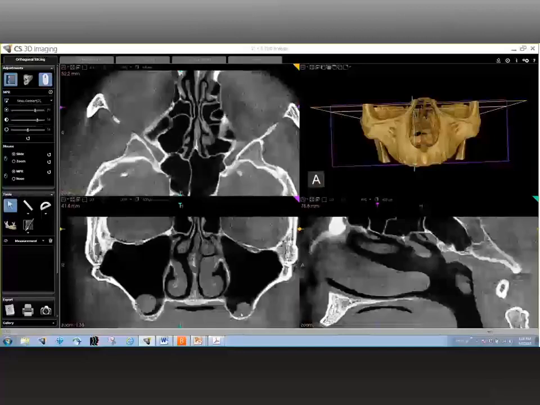Oh, good memory, Jordan. That is exactly correct, and that's an excellent point that you noted there. Yes, it is correct that soft tissue anatomy or soft tissue contrast cannot be identified no matter what kind of CBCT unit that you use.